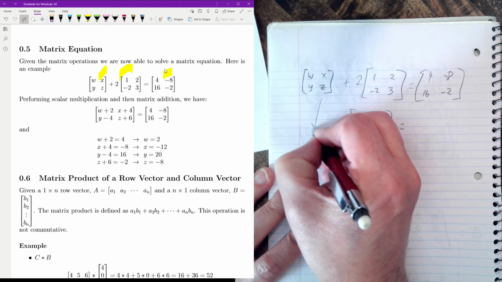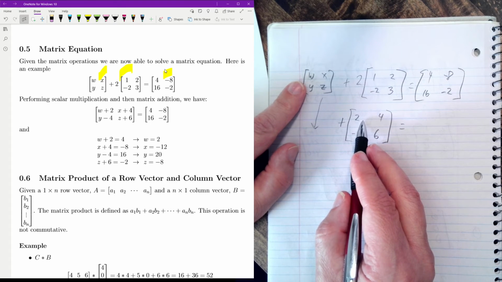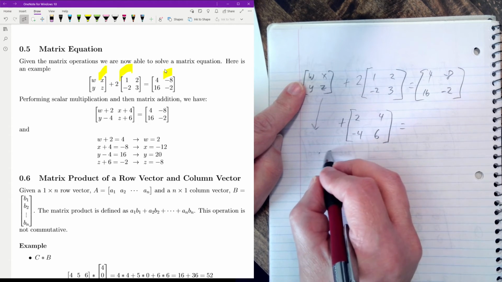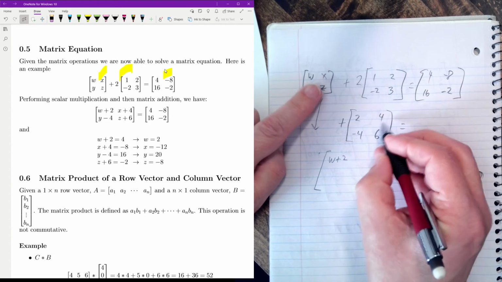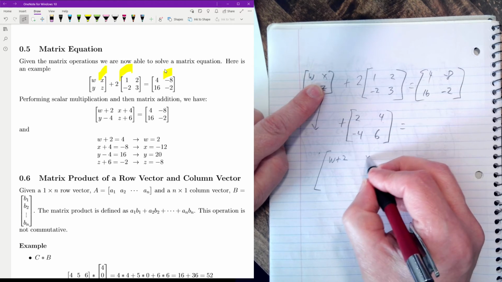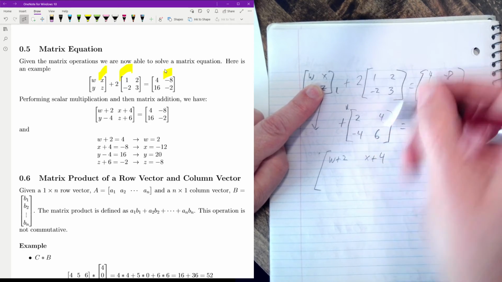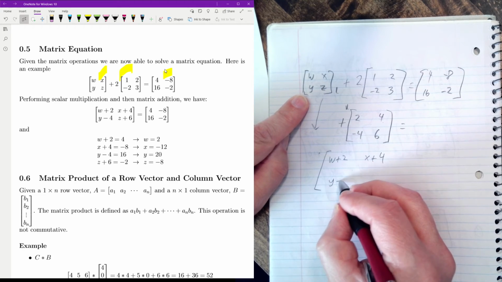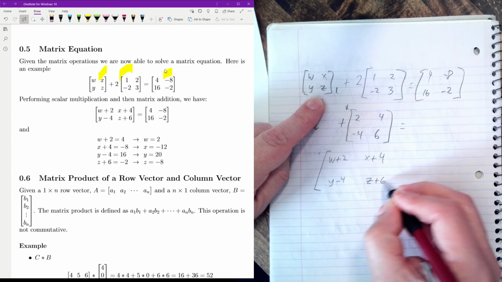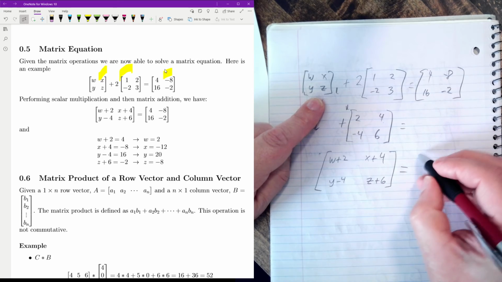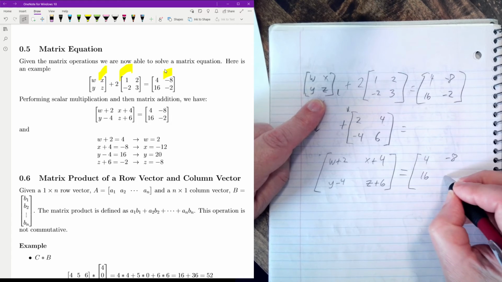And I'll just bring this down. So now we have W. Remember, addition is done element-wise. So now we have W plus 2, X plus 4, and I'm working with these two, this one and this one, Y minus 4, and Z plus 6. And that equals 4, minus 8, 16, and minus 2.